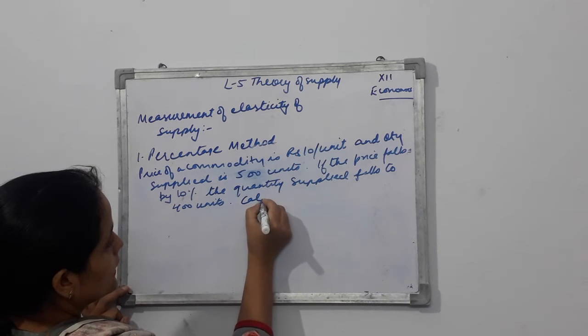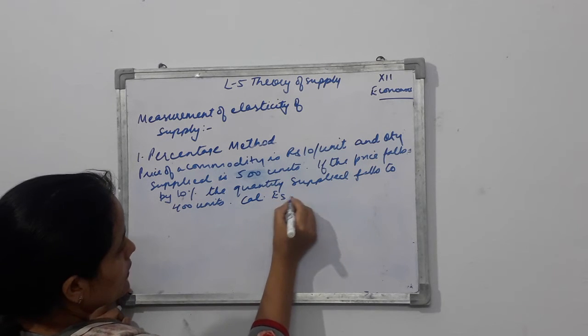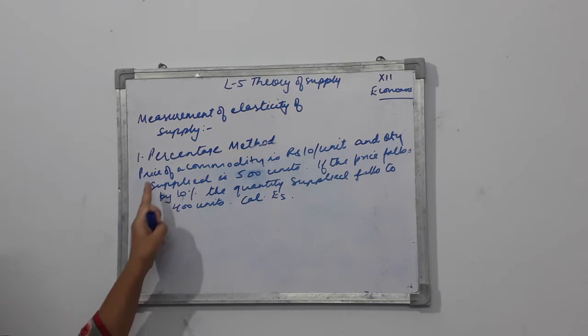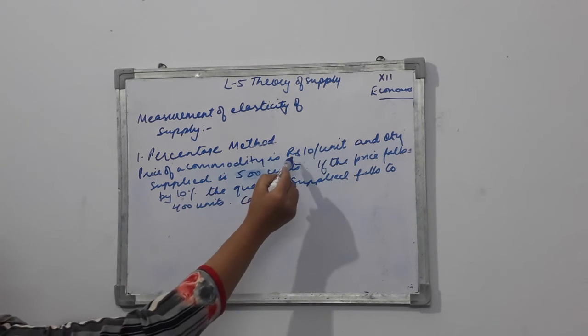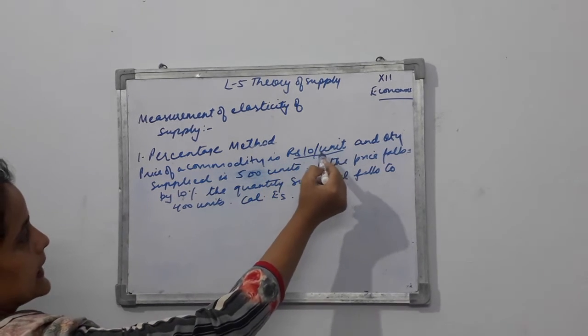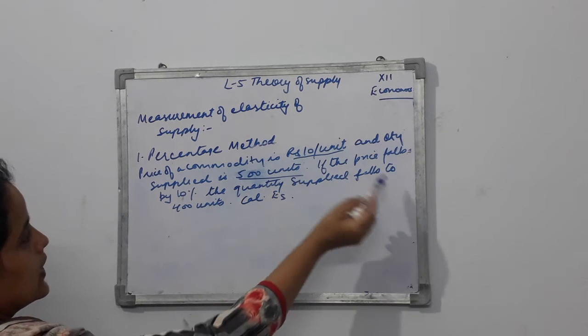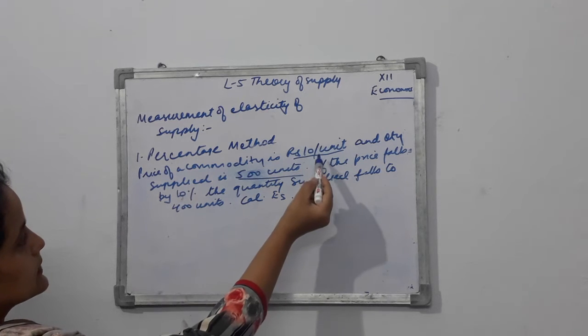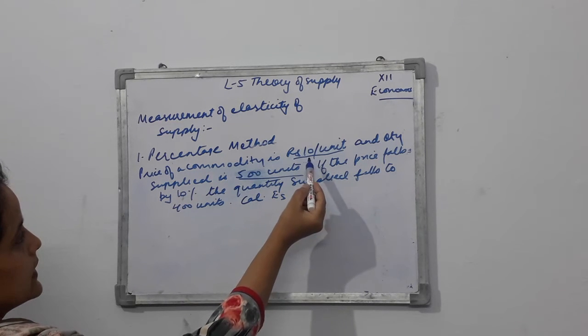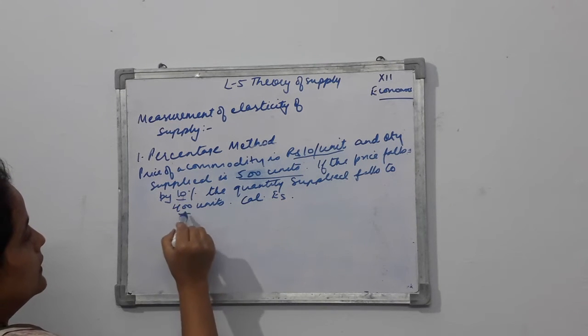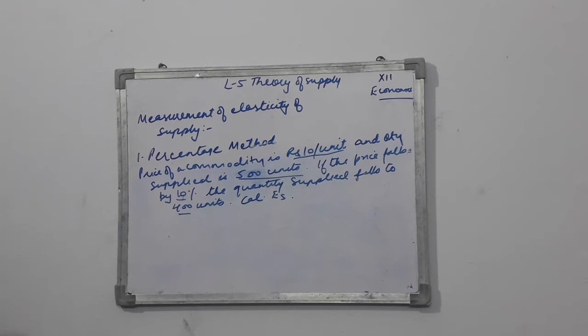They are saying calculate elasticity of supply. So let's understand the question. Price of a commodity is rupees 10 per unit. When the price is 10 per unit, we have 500 units, and when the price falls by 10%, then the quantity supplied is 400 units, right?